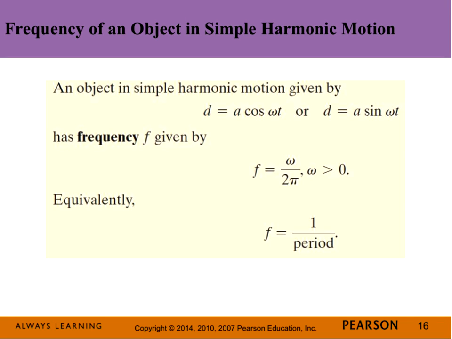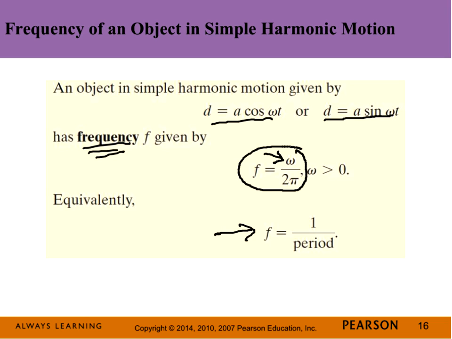Okay, so simple harmonic motion is given by either this cosine or this sine, and it has a frequency. Notice the frequency is defined as the reciprocal of the period.